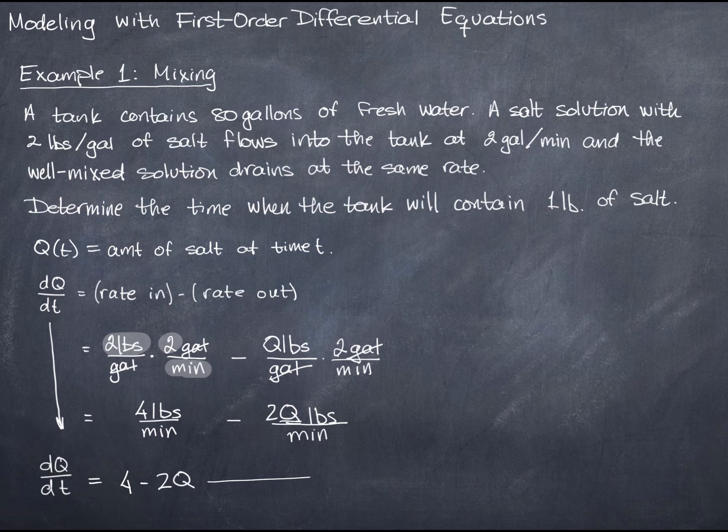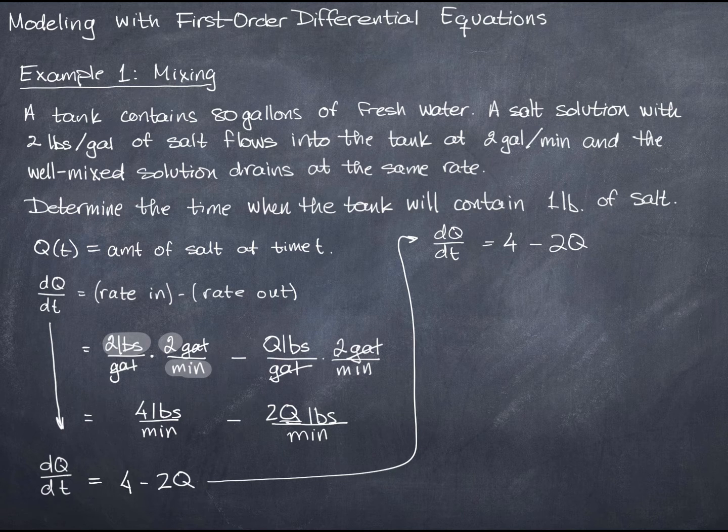So now what I have is a differential equation that I can solve: dQ/dt equals 4 minus 2Q. And then I can either solve it using an integrating factor or treat it as a separable differential equation, depending on which form it actually has. Well, this one, it turns out, we can treat either way.